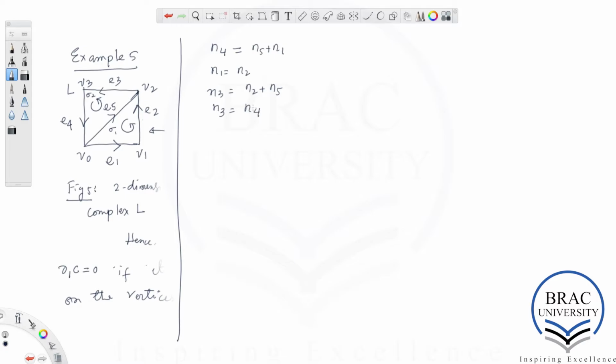So this reduces to the following. N1 is equal to N2, N3 is equal to N4, and N5 is equal to N3 minus N2. This is equation number 11.